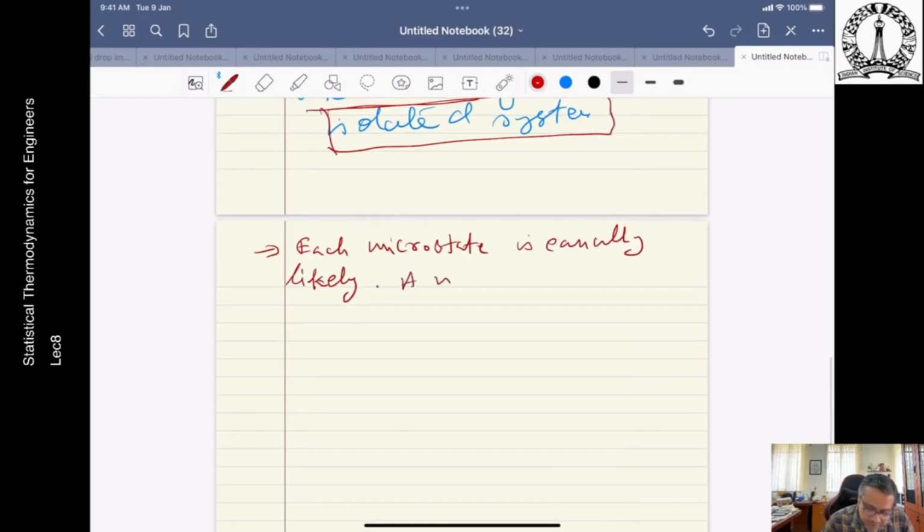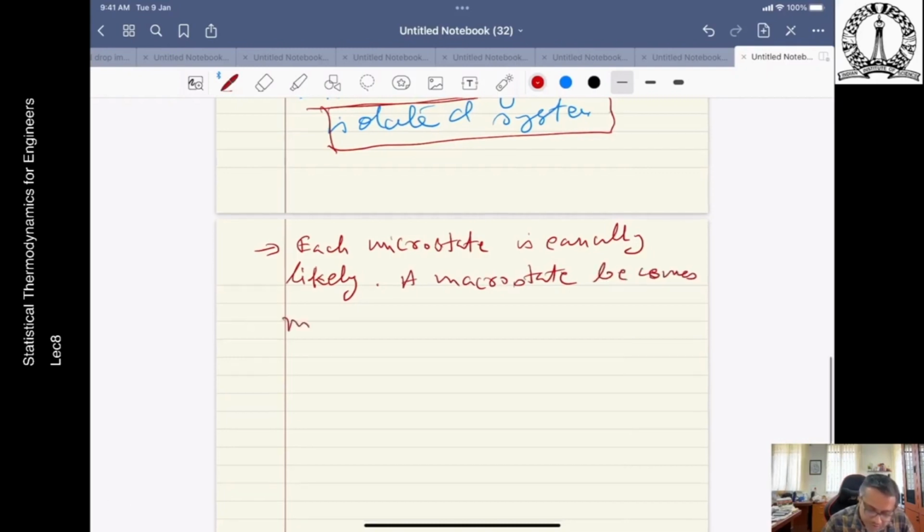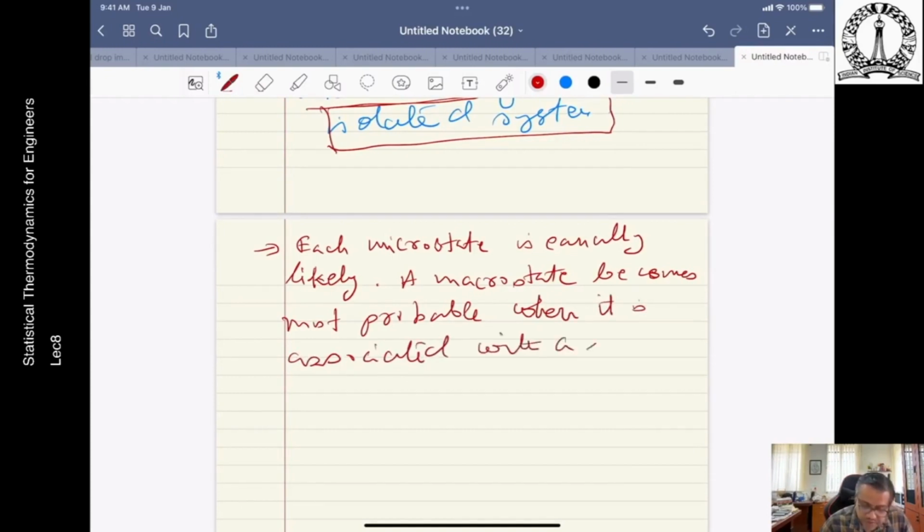A macrostate becomes most probable when it is associated with a large number of microstates.